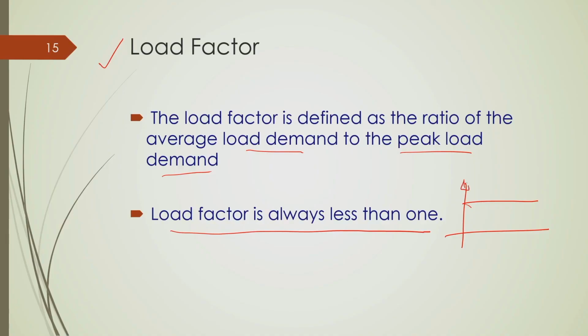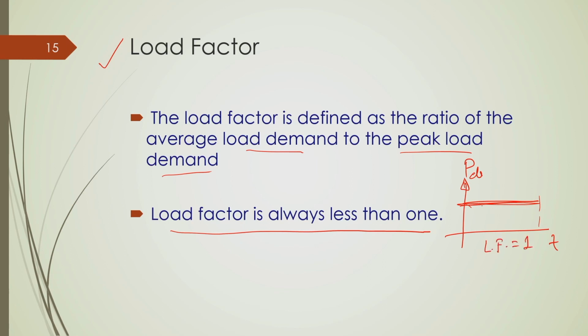It can be equal to 1 if average demand is equal to peak demand, and that is a hypothetical situation when your load demand is constant throughout the period. If your load curve, with demand on this axis and time on this axis, is flat and constant throughout the time, only then would this load factor be equal to 1.